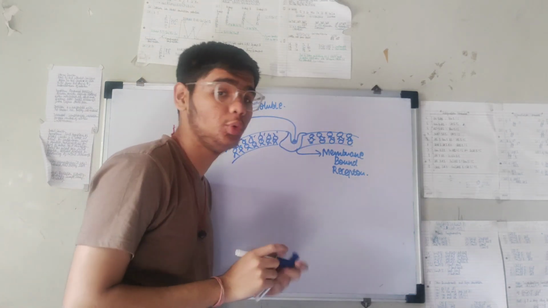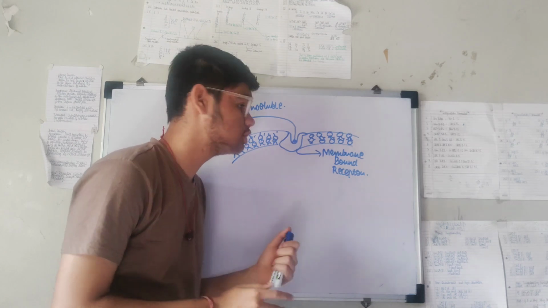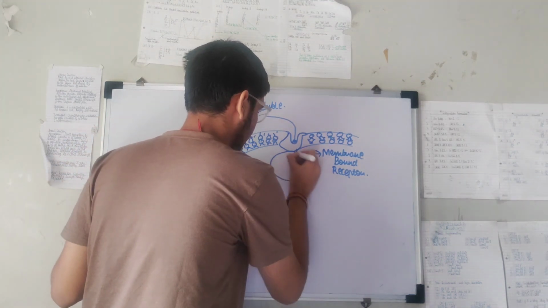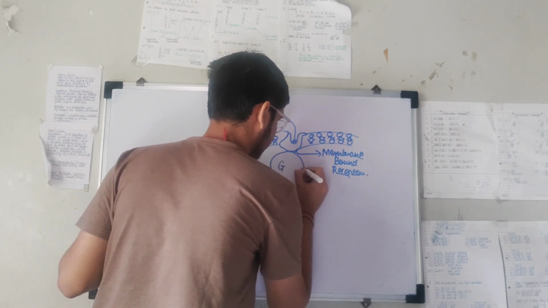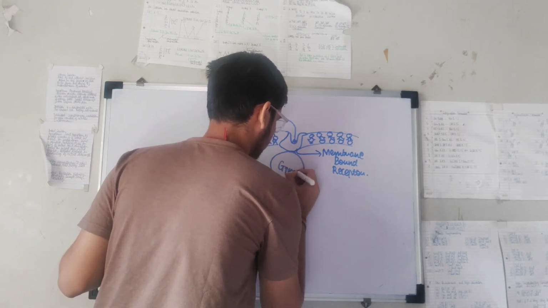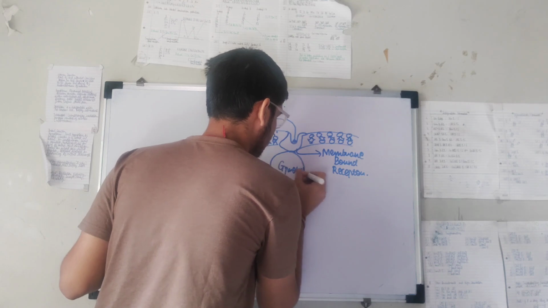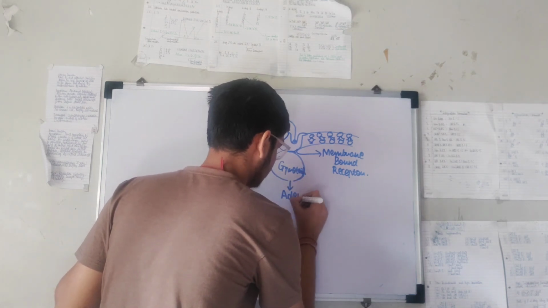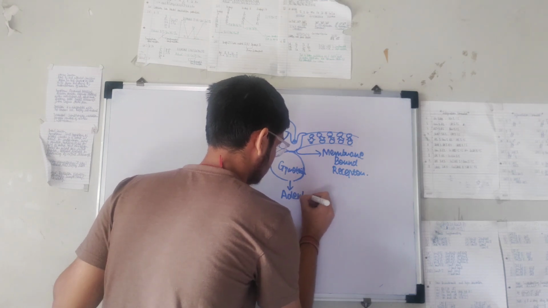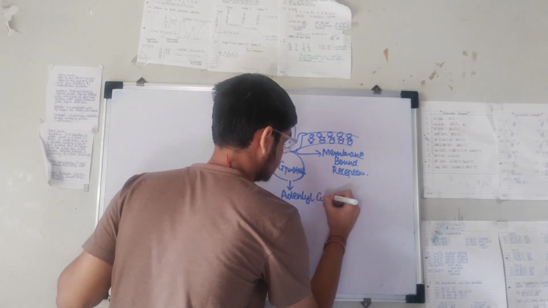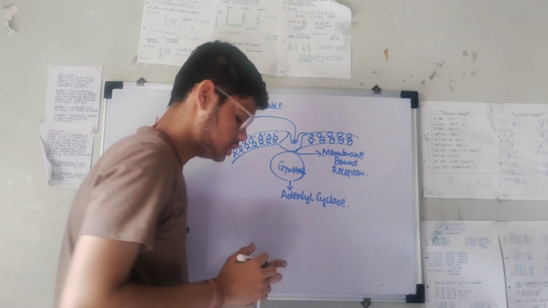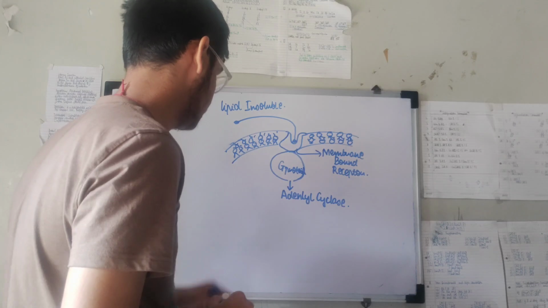So this hormone will act here and the hormone receptor complex is formed again, and here there is a protein connected, which is called the G protein, which secretes adenyl cyclase.